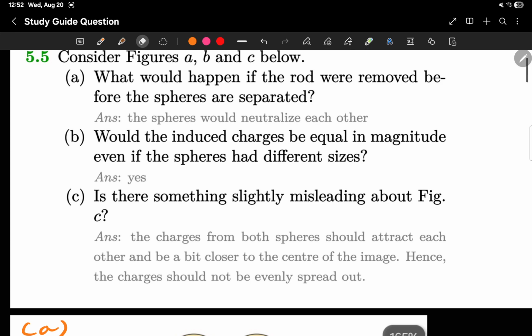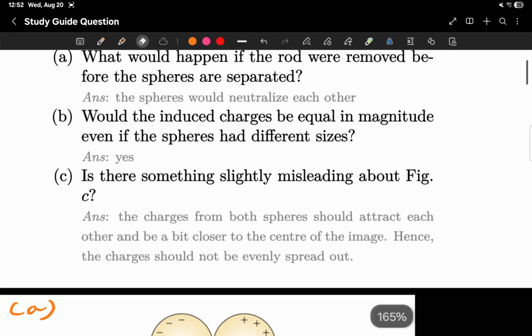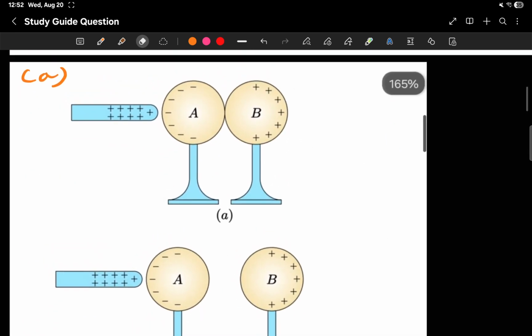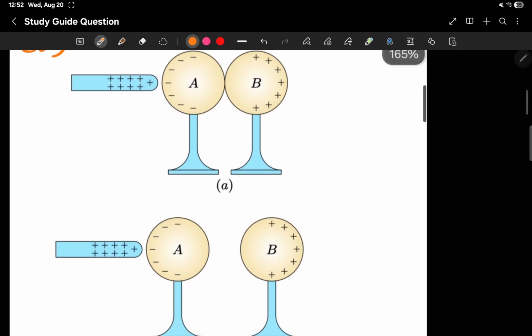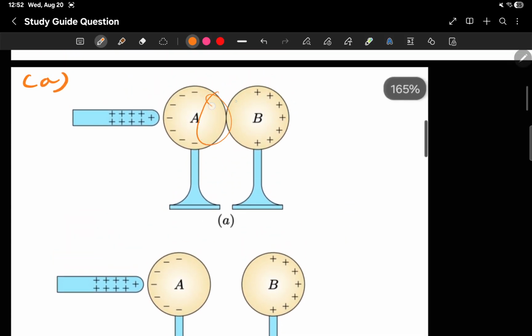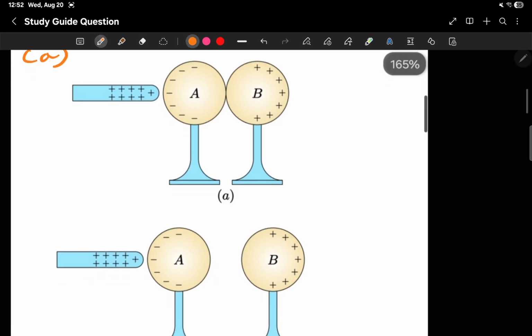So that's what would happen. And now when we get to this point, now that these regions are neutral, the only thing that's left is the positively charged glass rod that is trying to pull sphere A towards it, because sphere A only has negative charges left.